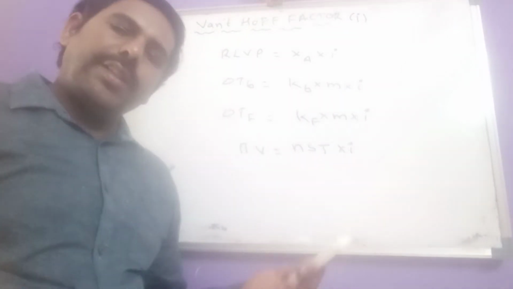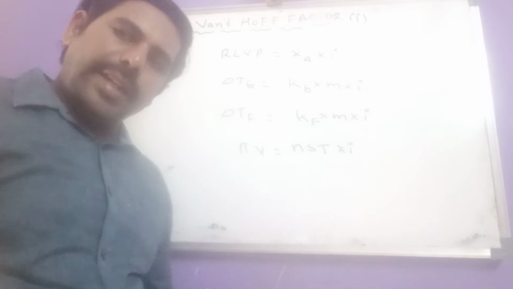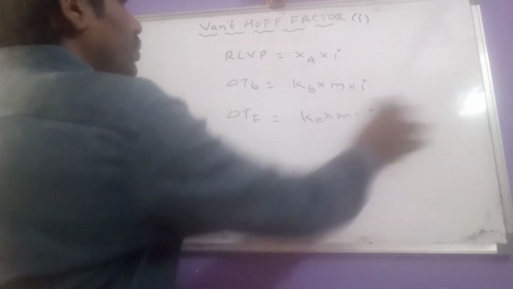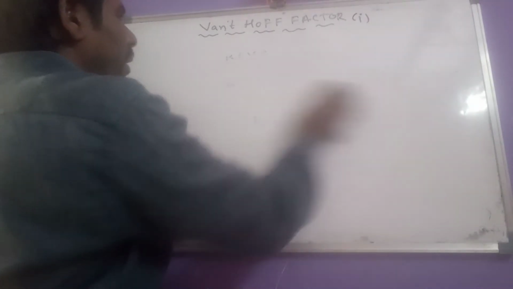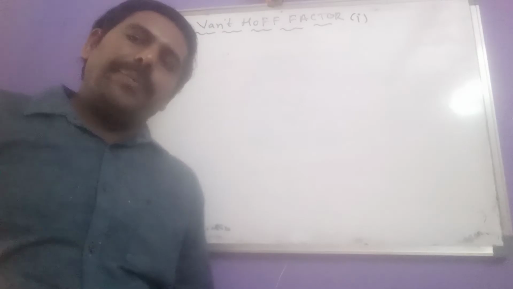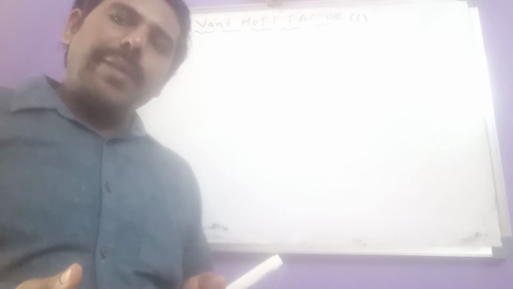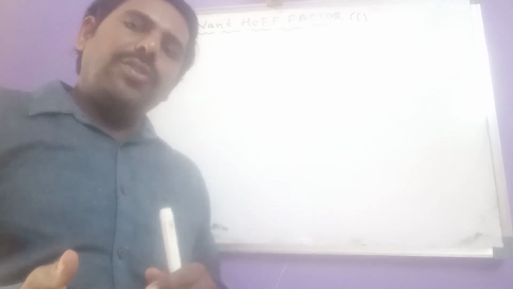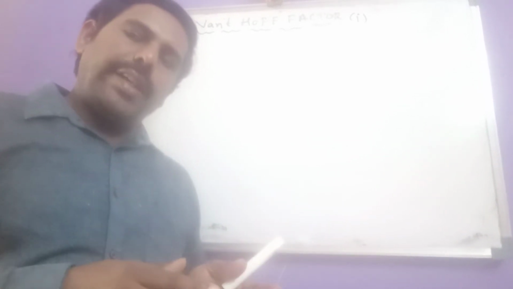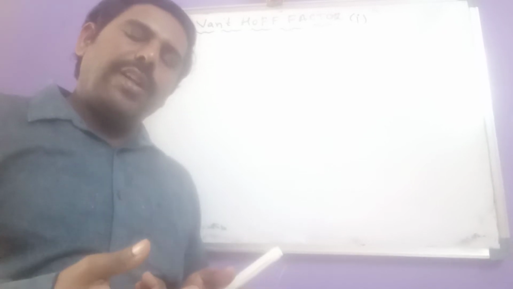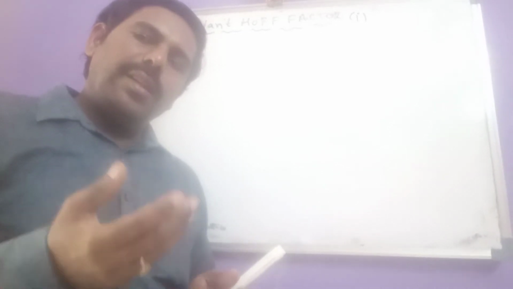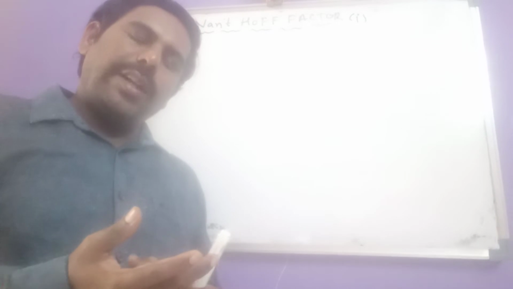Okay, then what are the i values for some strong electrolytes? If you consider a non-electrolyte, it neither associates nor dissociates. Examples of non-electrolytes are glucose, fructose, sucrose, and urea also.